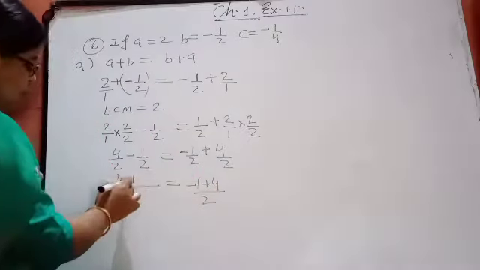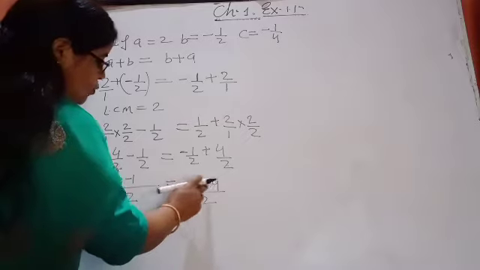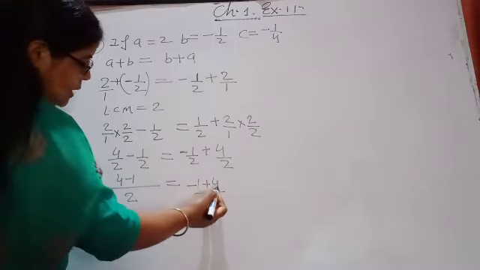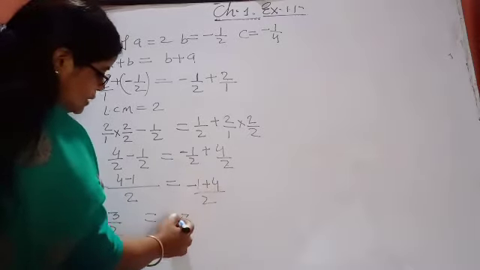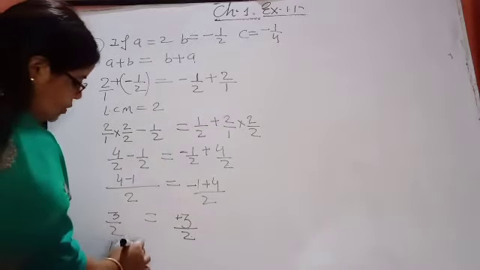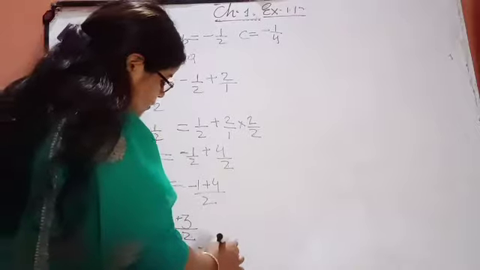Now 4 minus 1 is 3 upon 2. Two opposite sign numbers are always subtracted, with the sign of the greater number. 4 minus 1 is 3, and the greater number has a plus sign, so plus 3 upon 2. You can see that LHS is equal to RHS. So it has been verified.